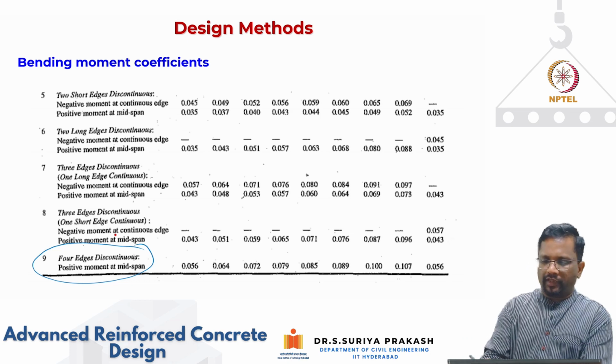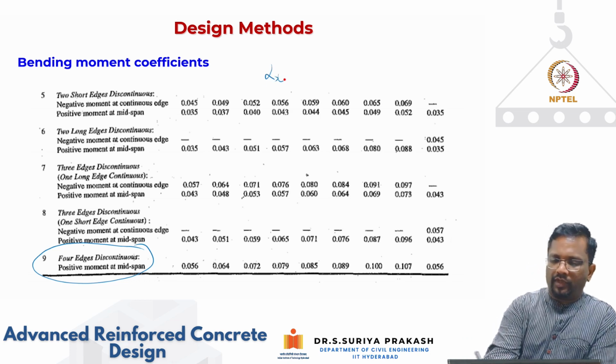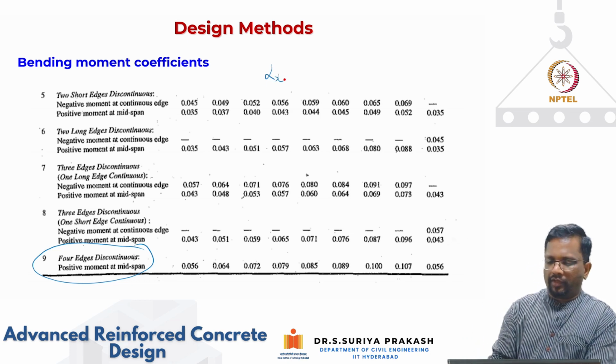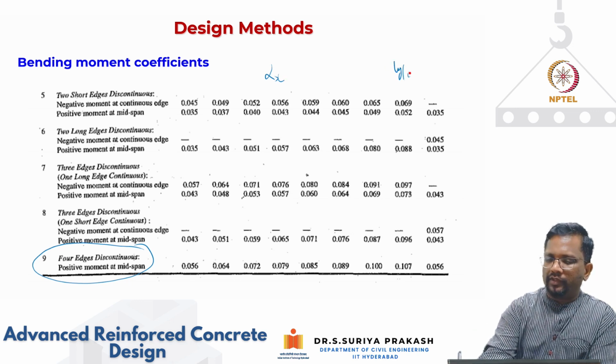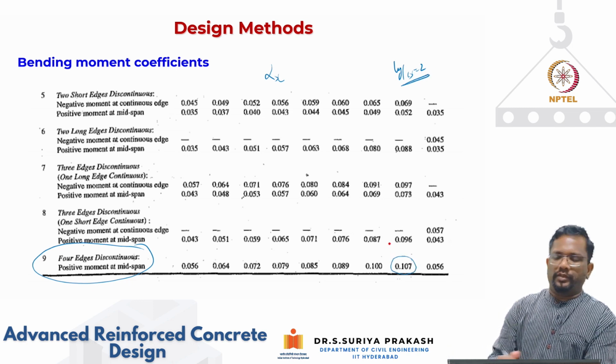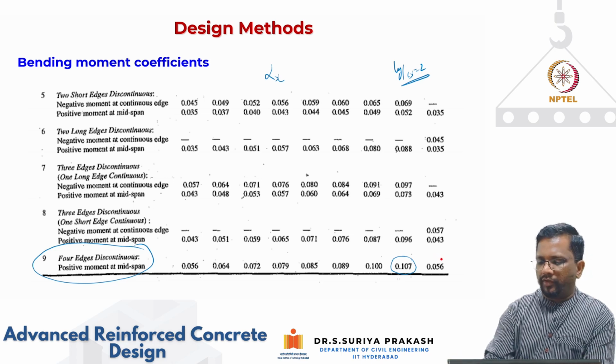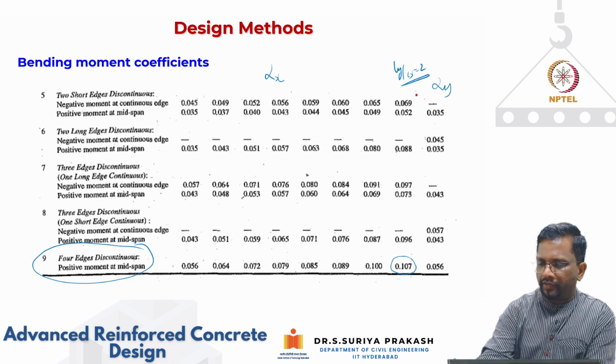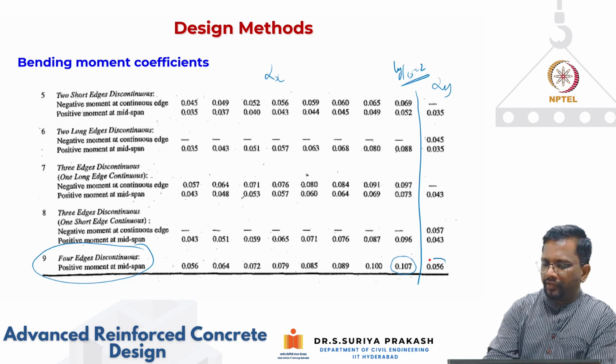And this is again the short span moment alpha x for different Ly by Lx. Now, if you look at it, when Ly by Lx in this case is equal to 2, what happens? You have only positive moment. Similarly, on the long span also, alpha y is only positive.